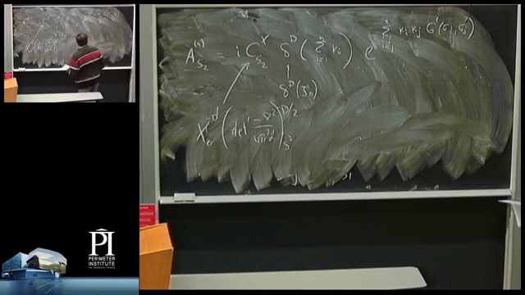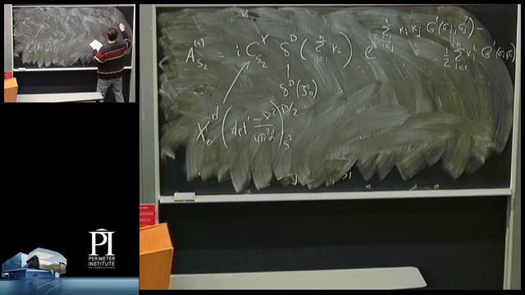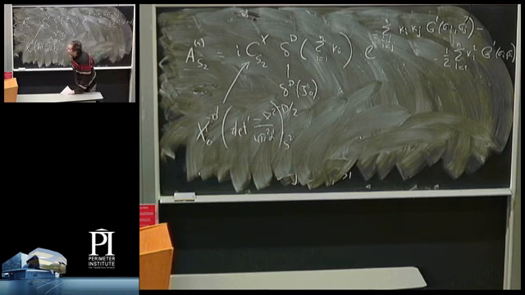And then I have minus 1/2 sum over i equals 1 to n of k sub i squared g prime of sigma i. Okay, so do I have it?